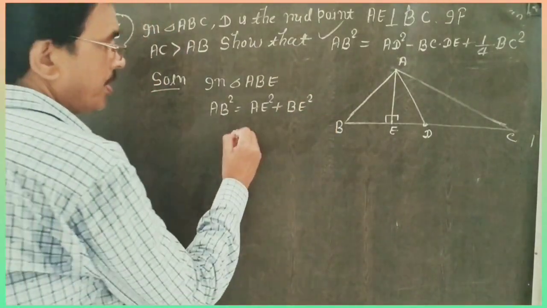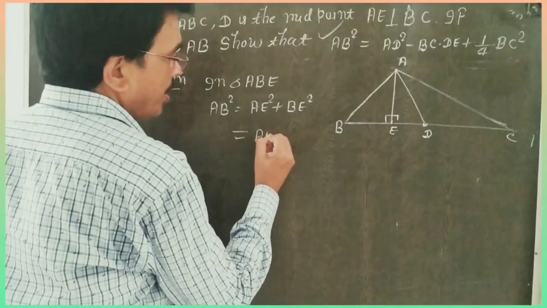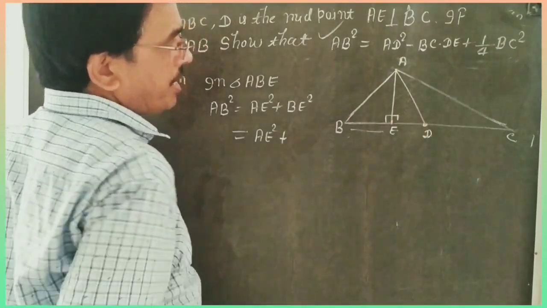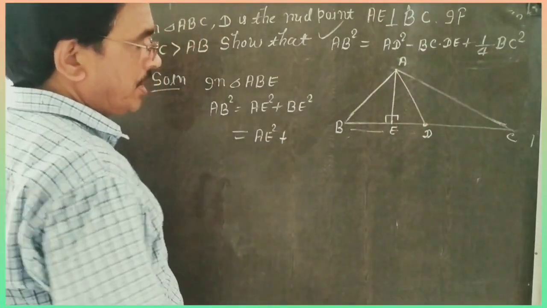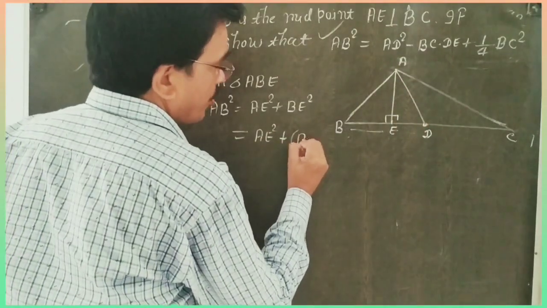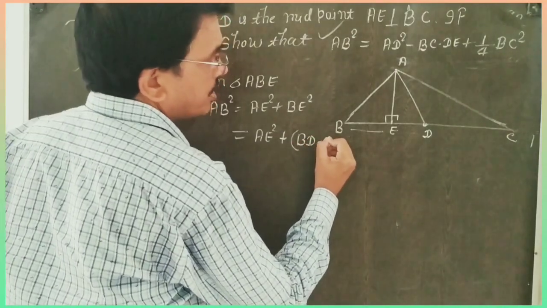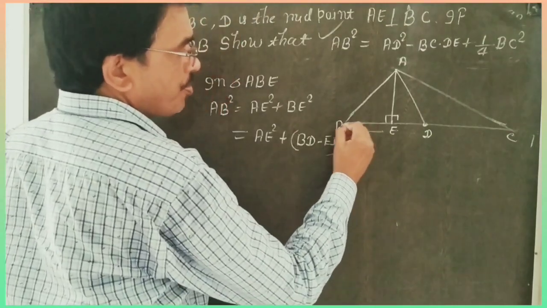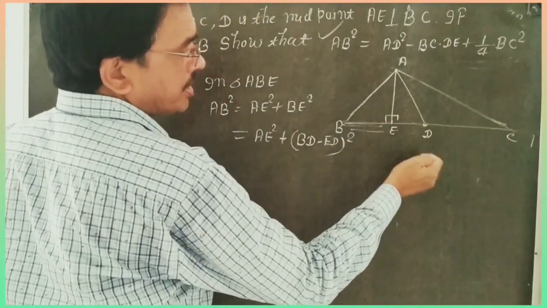Next step, it is AE square, and this BE you can write as BD minus ED. So BE is equal to BD minus ED.